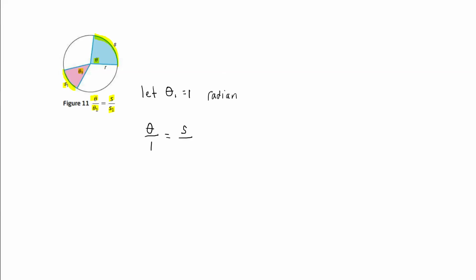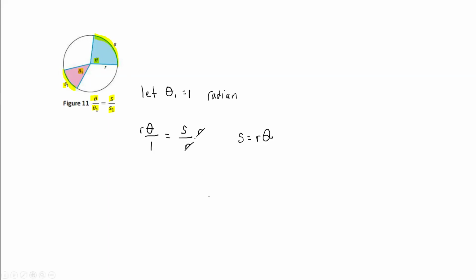Well, remember the radian is a radius, and if there's 1 radius in the arc length of theta 1, of course that's going to be R. So now we're going to solve this for S, multiply both sides by R, and then divide that out, and we have it solved for S. Since that's a 1, any arc length can be calculated by taking the radius of the circle times the angle that the arc creates, the included angle.